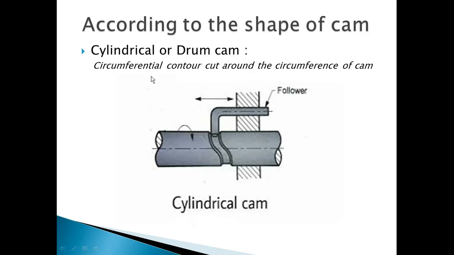The third shape is the cylindrical or drum type cam. So the cam is this one and the follower is this one, which is fixed along the guideways. This one is not fixed, it will move along this one.